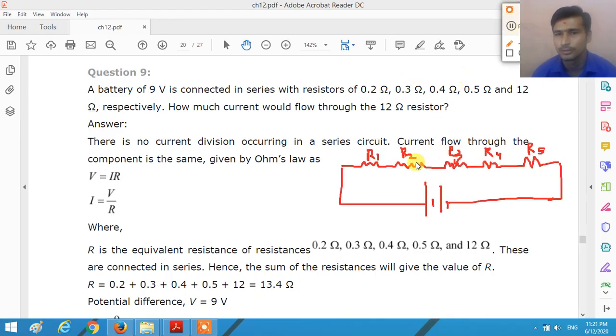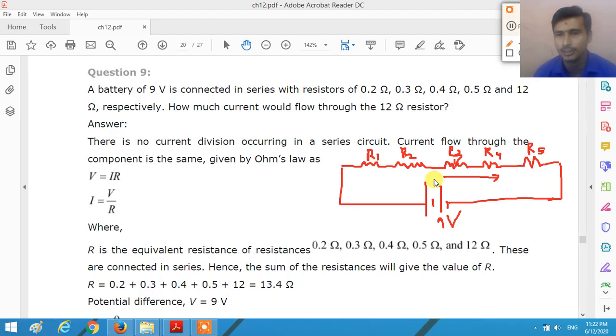So draw the circuit, all the 5 resistors R1, R2, R3, R4 and R5 connected in series with the battery of 9 volt, right? So dear students, you know that when the resistors are connected in series, the current passing through each resistor is the same, right? So the same amount of current passes through each resistor.